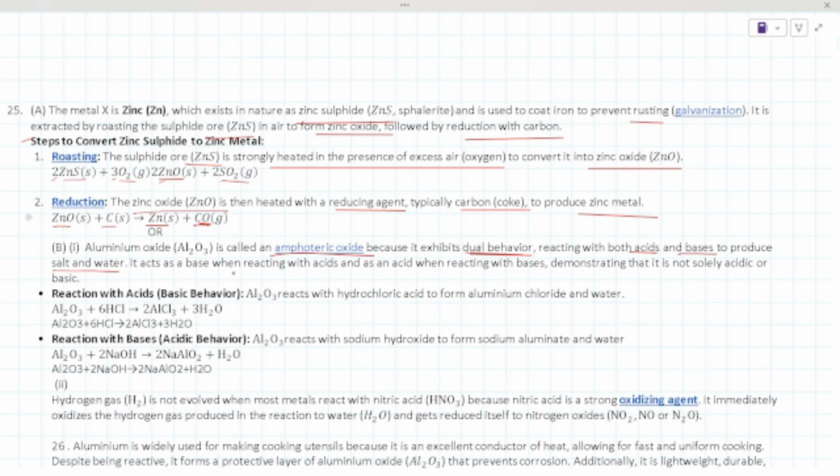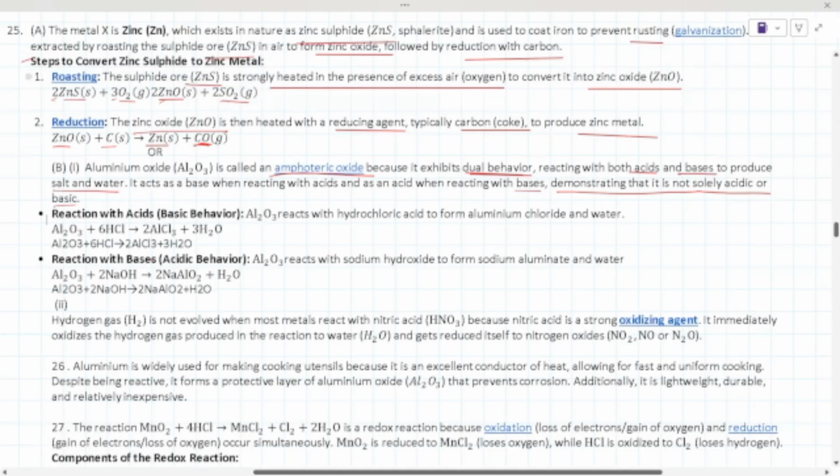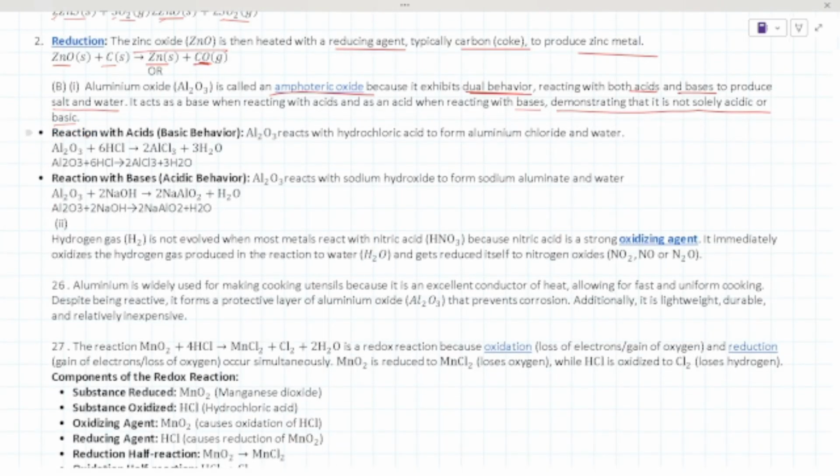It acts as a base when reacting with an acid, and as an acid when reacting with a base, demonstrating that it is not solely acidic or basic. Here are the reactions for your additional reference. With acid it behaves like a base: Al2O3 reacts with hydrochloric acid to form aluminum chloride and water.